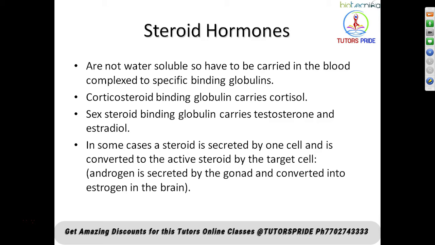For example, as I told you, androgen is secreted by the gonads and is converted into estrogen in the brain. So remember this: androgen secreted by gonads and converted to estrogen in the brain. In some cases hormones are secreted by one cell and converted into the active form by a target cell.